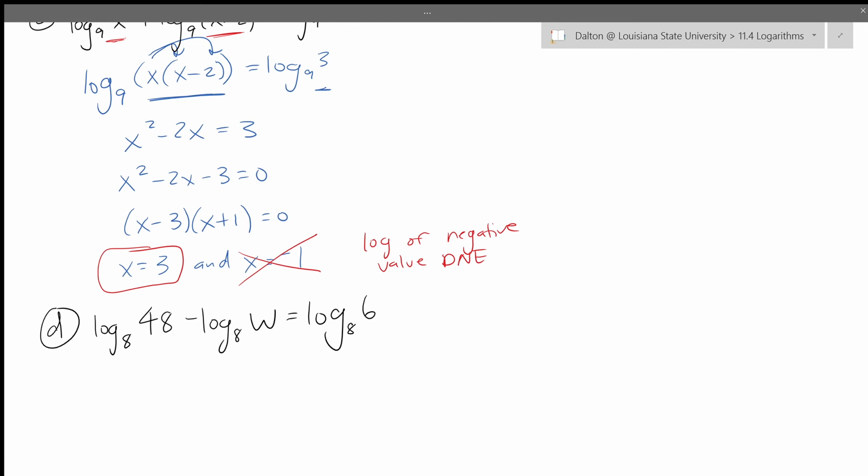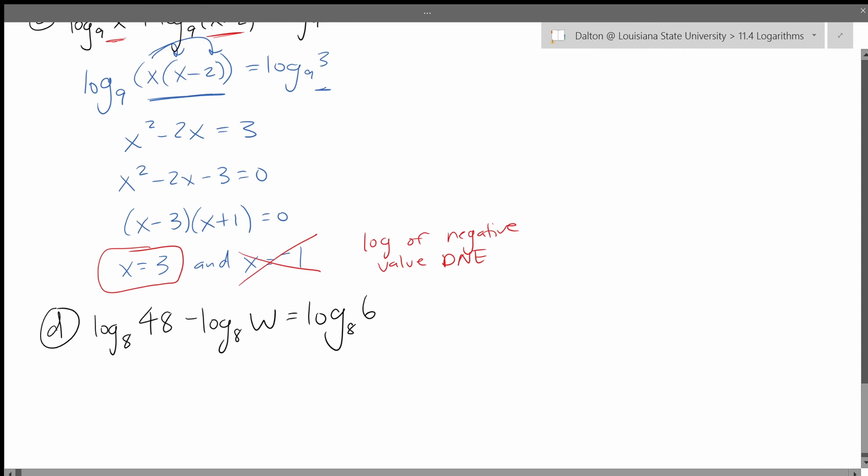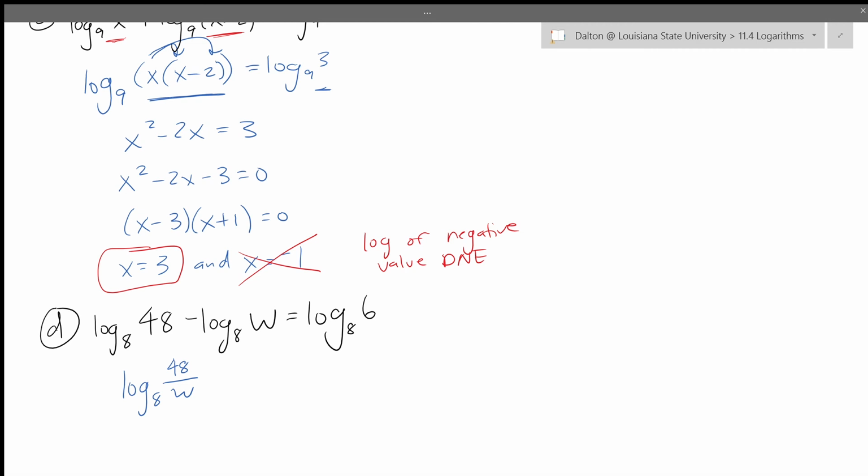If you have two logs that are being subtracted, the quotient property says that we can combine them and rewrite as log base 8 of 48 divided by w, which is equal to log base 8 of 6.